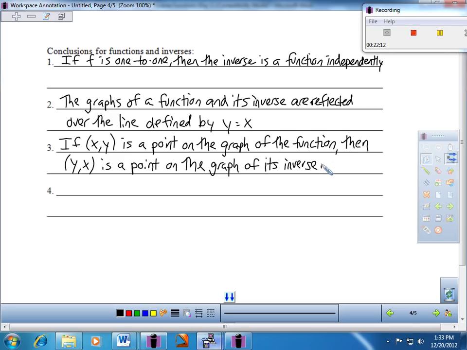There you go. Okay. Which draws a pretty interesting conclusion for number 4.